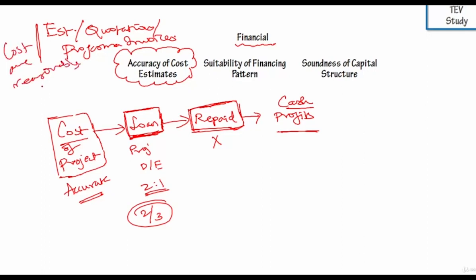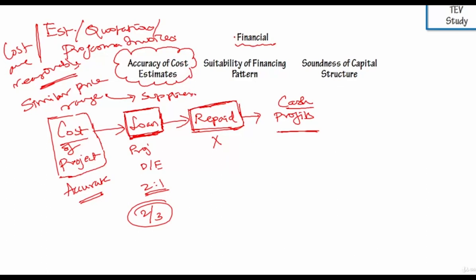They'll also check what the similar price range is, and they'll see whether the cost is reasonable. That's more important, and they'll also cross check with other suppliers. By all this we get to know whether the cost estimates are accurate.